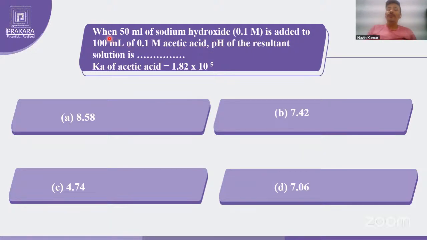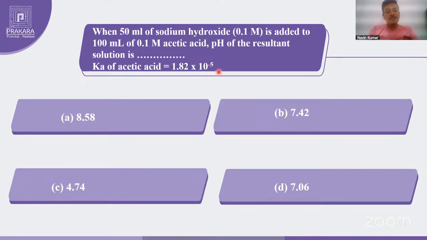It's talking about when we add 50 ml of 0.1 molar NaOH to 100 ml of 0.5 molar acetic acid, what will be the pH of the resulting solution? The dissociation constant of acetic acid is given, that is 1.82 into 10 to the power minus 5.